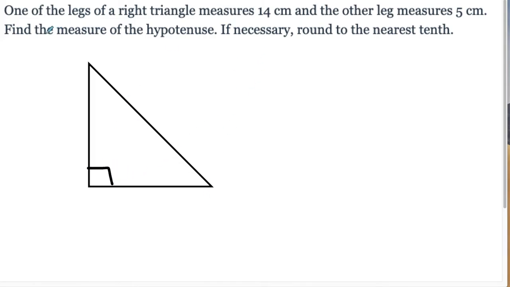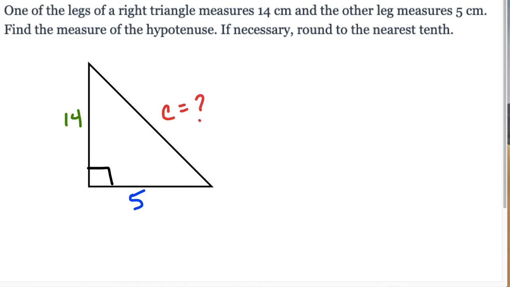Then it says find the measure of the hypotenuse. So we are given one side, which is 14, and the other side, which is 5 centimeters. And now we want to look for the measure of the hypotenuse, which is c.